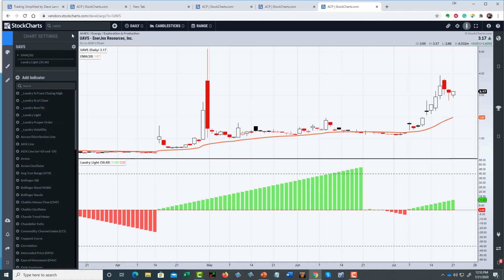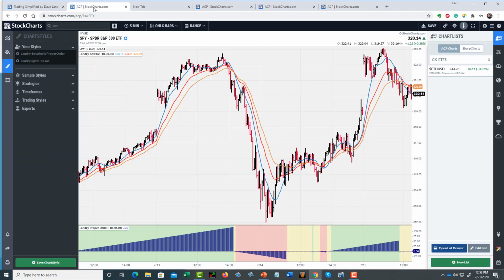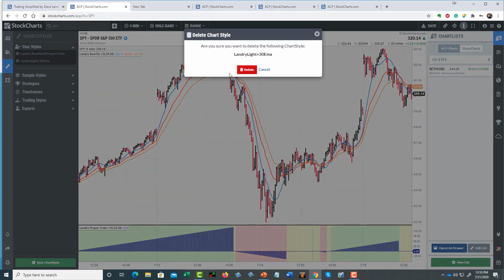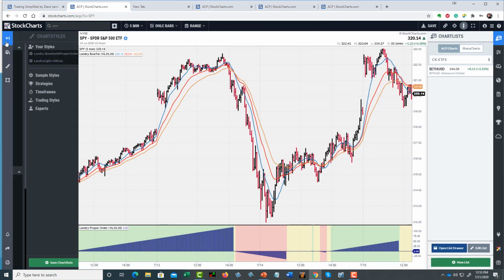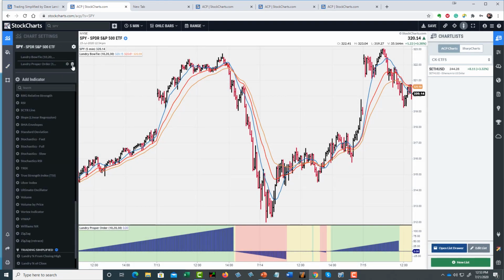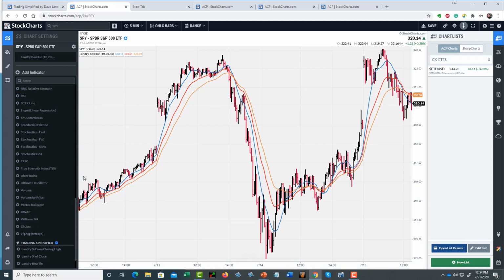Let me just show you one more thing real quick. If we get back to the S&P 500 and we go down to the indicators, and down here, there's one more indicator we haven't talked about yet.